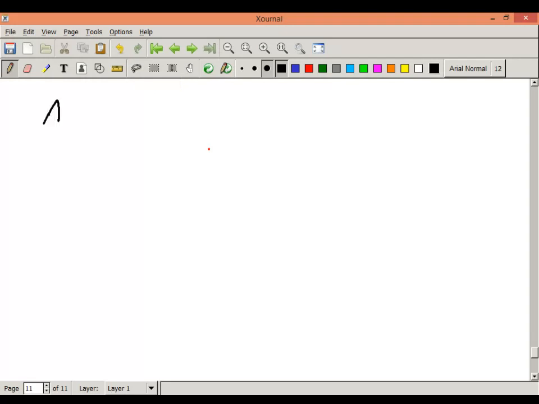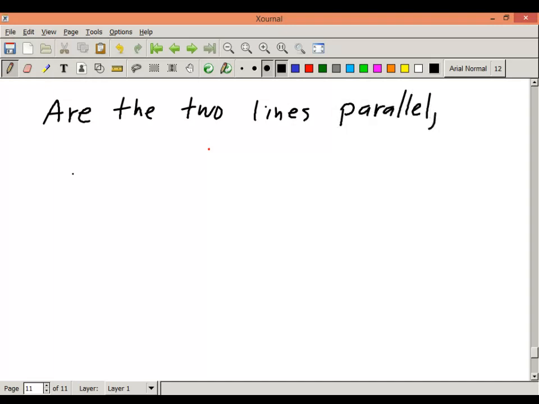Question: are the 2 lines parallel, perpendicular, or neither?